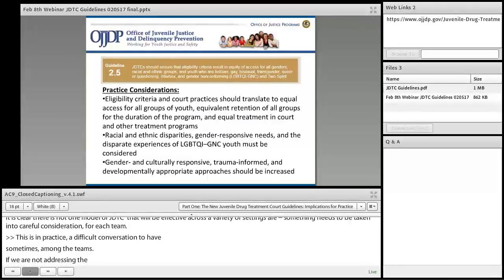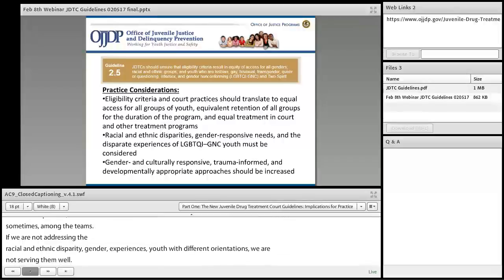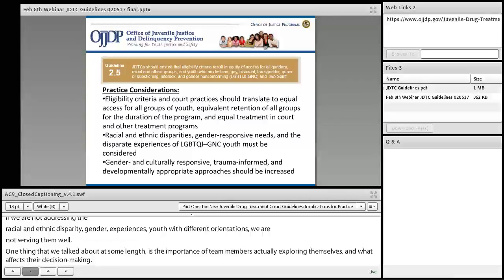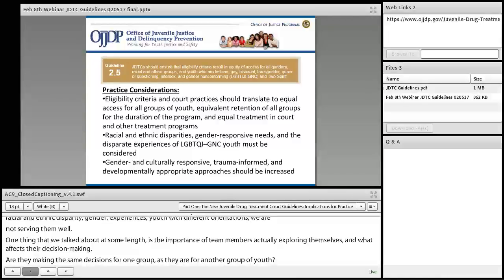One of the things that we talked about at some length is the importance of team members actually exploring themselves. What affects their decision making? Are they making the same decisions for one group of youth as they are for another group of youth? So not just looking at that kind of technical training that helps you understand how to deal with cultures more effectively, but really looking at your own decision making as a treatment team member.